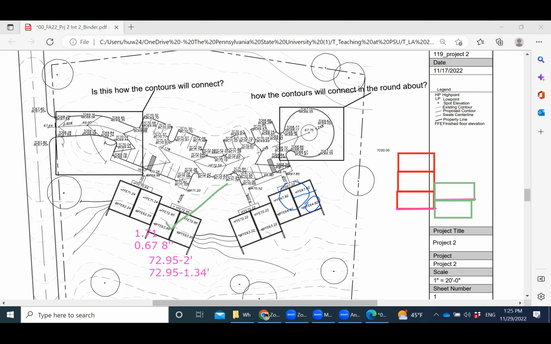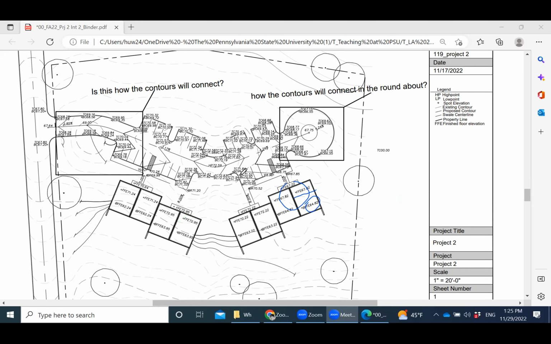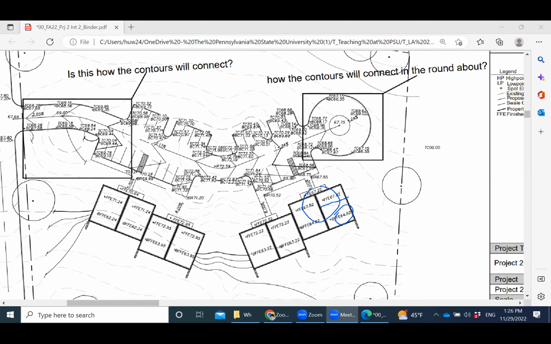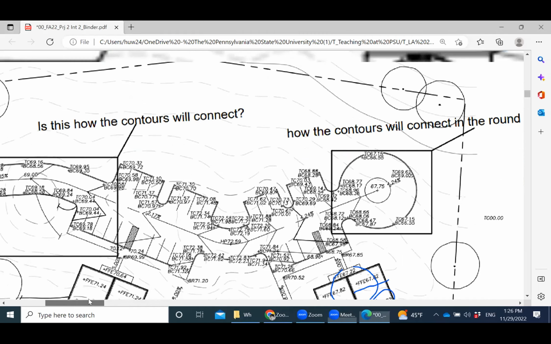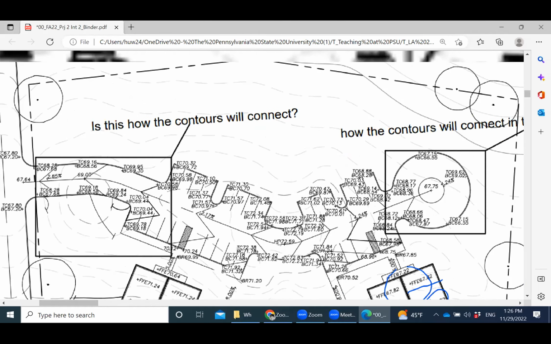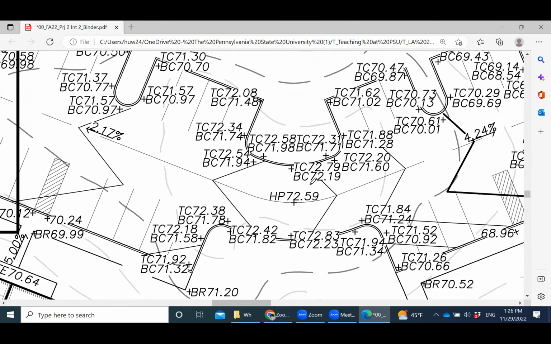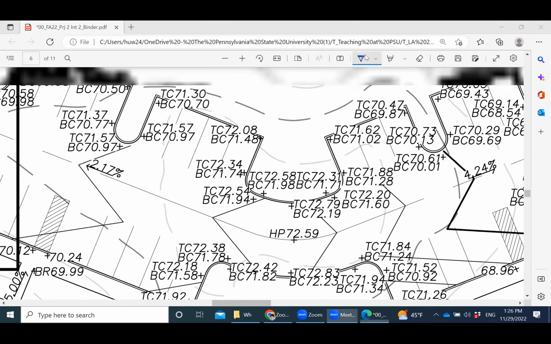I think something happened. You're probably going down. Yes, you have 68.75 here, and then we're going down to 62. That's not correct. Okay, so that's that one. Let's take a look at the contours in the middle. Well, I can see that your contour direction in the parking lot was not calculated correctly just because of the angle, right?